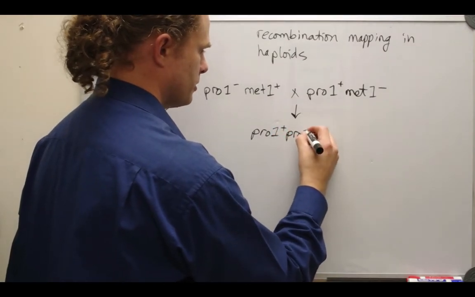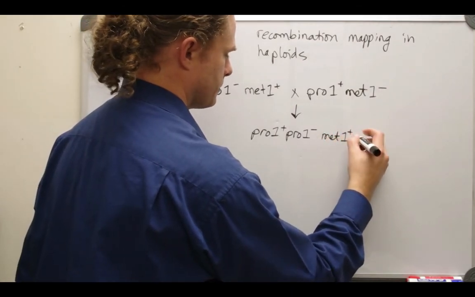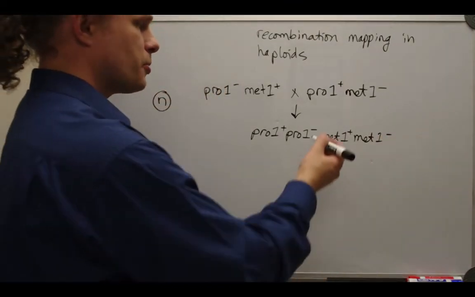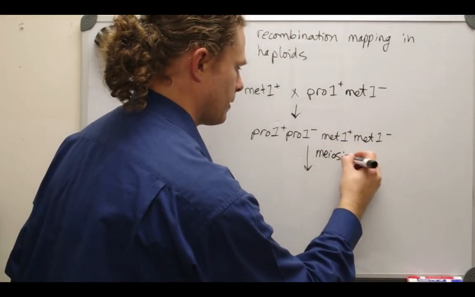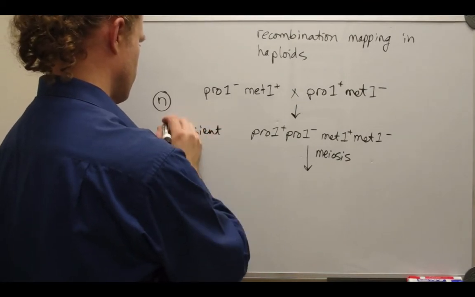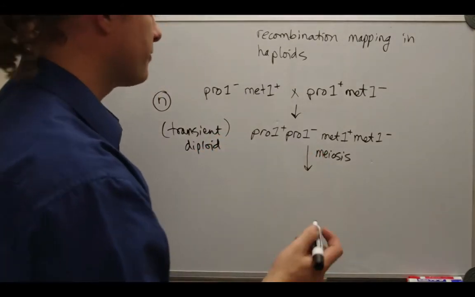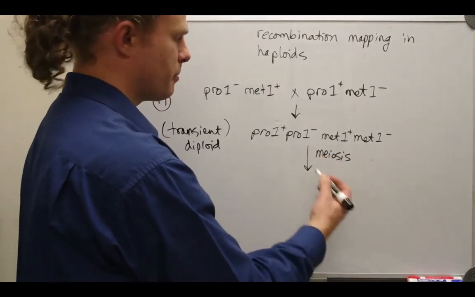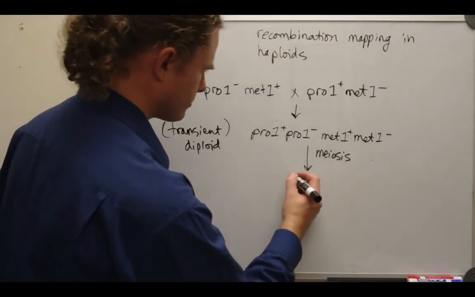So now we can draw the loci together. Okay. This organism will then undergo meiosis. This is now a transient diploid. And just like any other diploid, like we've talked about, it's capable of undergoing meiosis, except now when it makes haploid products of meiosis, these are progeny as opposed to gametes, which is what we would see in a diploid.